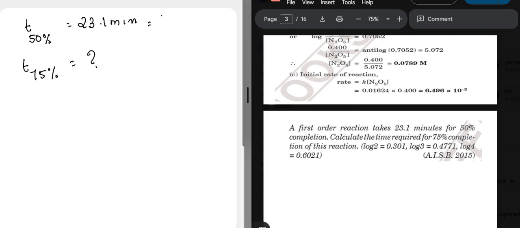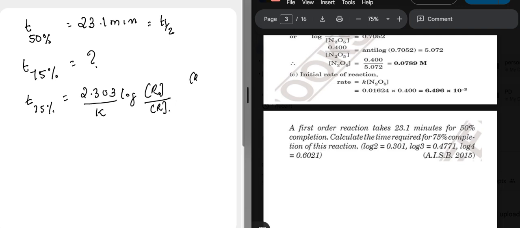So this 23.1 minutes is T half. Now say we want to calculate T 75%. Since it is first order, again 2.303 by K log R0 by R is the equation we have to use. Here, since it is given in percentage, I always say R0 we can take as 100.